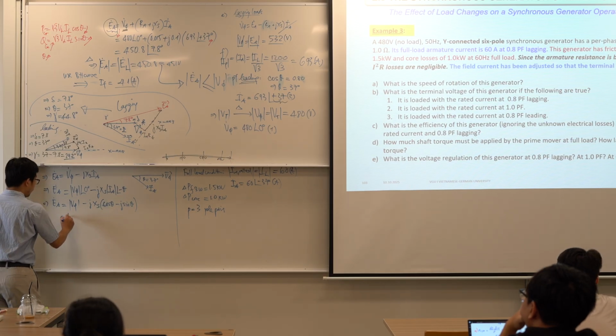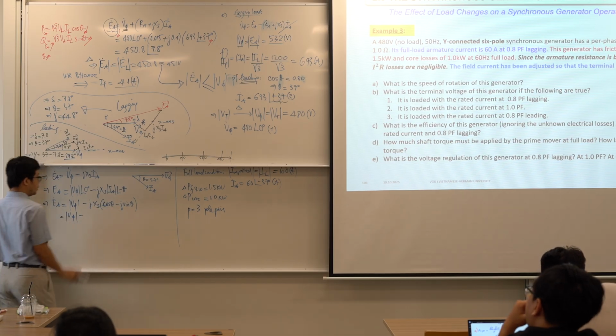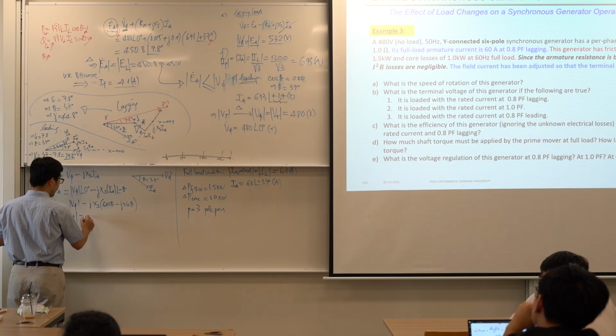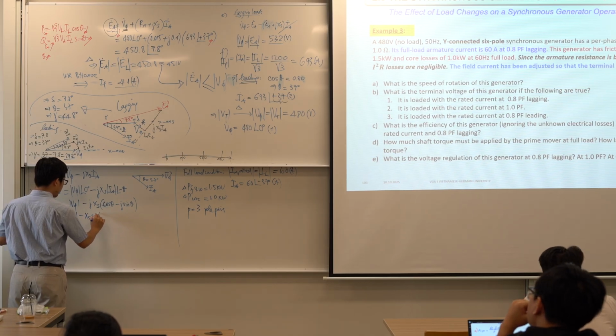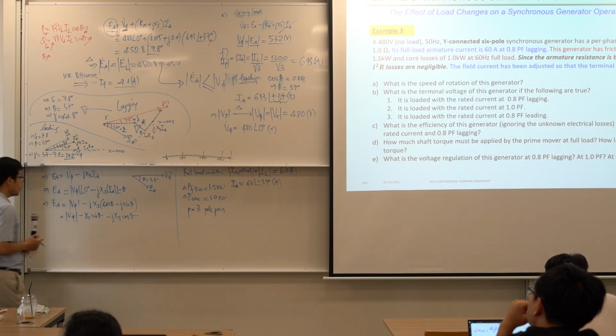Okay, so here we face j, and j squared is minus, and this is when you get minus XS sine theta minus j XS cosine theta. J squared is minus.